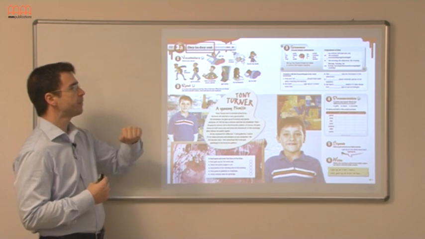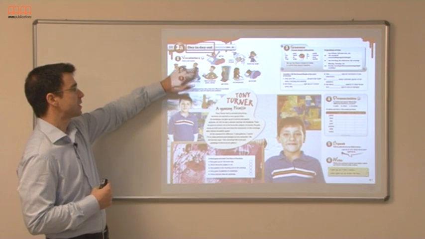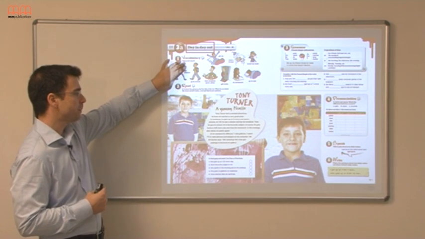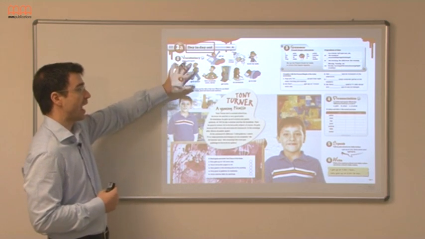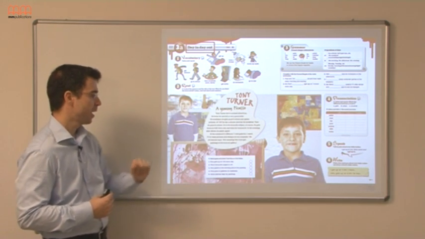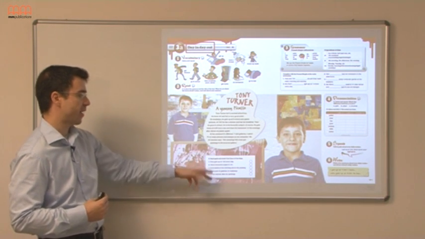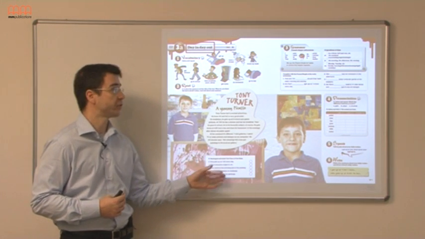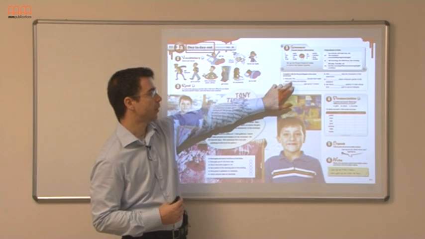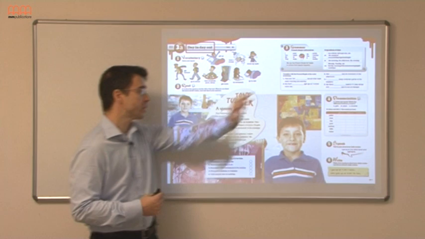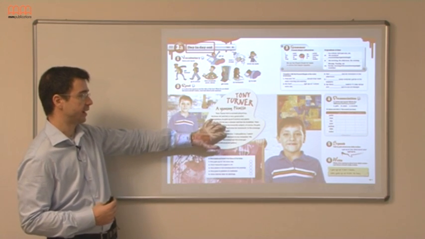So as you can see, all right, in this lesson we start off with a little bit of vocabulary. Then we have a reading text. So we're going to see some of this vocabulary in context. Okay, after the reading text we have some comprehension questions. Afterwards we're going to be looking at grammar. Okay, and remember the grammar is always related to the reading text.